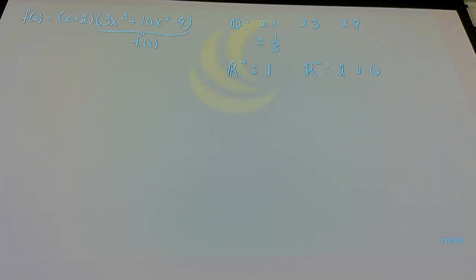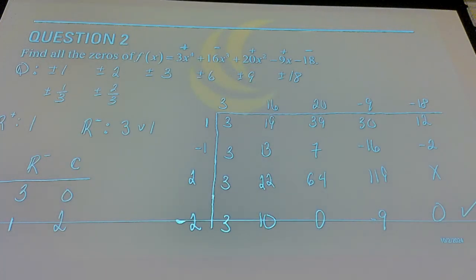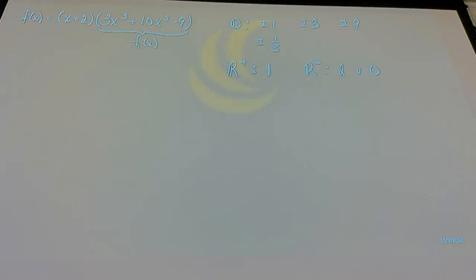Now, what do we know about plus minus 1? They're not zeros. There's no need to check them.